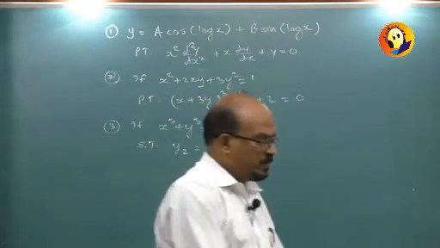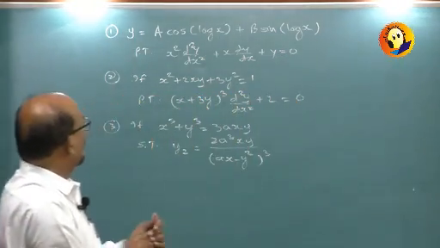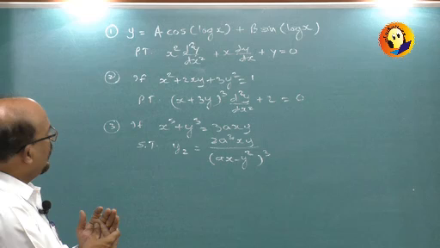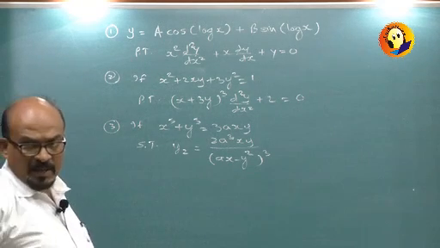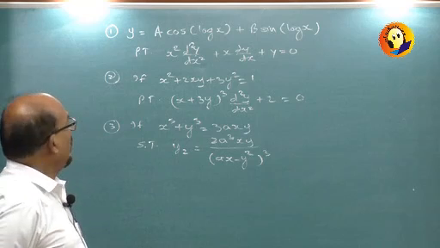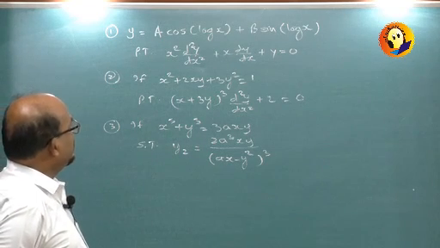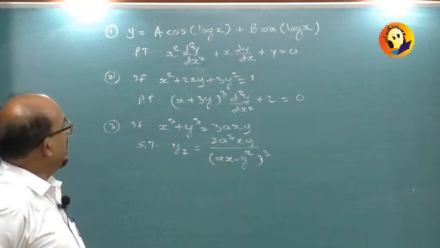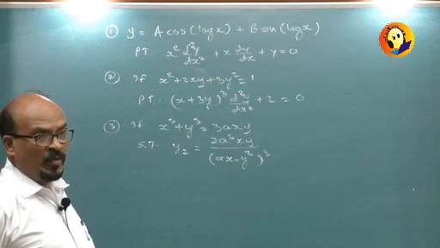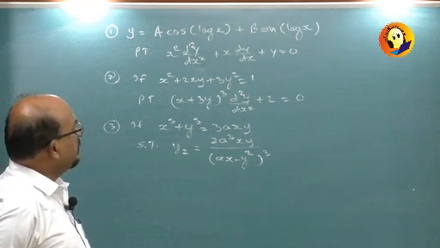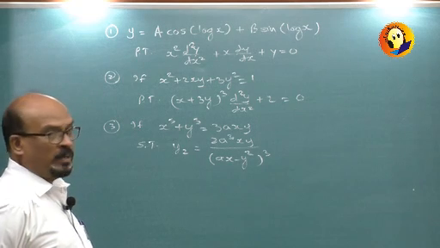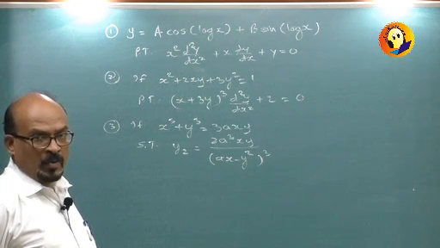So, 3 problems. We can just look at them and try to solve them orally. Like y1 in the first case will be minus a sin of log x into 1 by x plus b cos of log x into 1 by x, right?